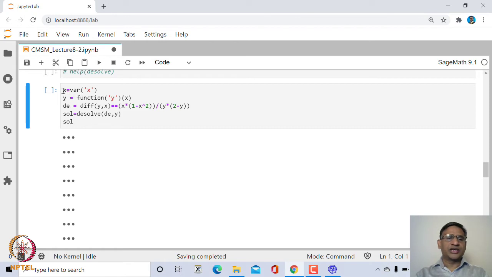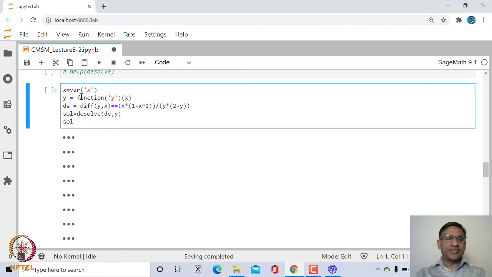First we need to declare x as a variable and then y as a function of x. So the function goes inside double quotes or single quotes, y, and then it is a function of x, and then define the differential equation. The differential equation is diff of y with respect to x, the derivative of y with respect to x, that is dy/dx, equal to the value of the function f(x,y).